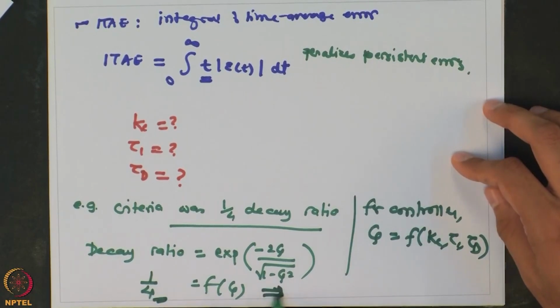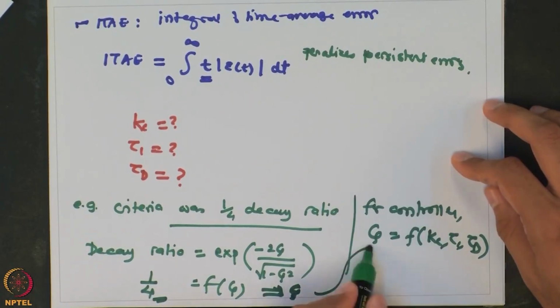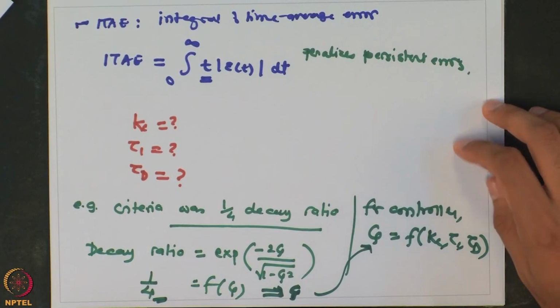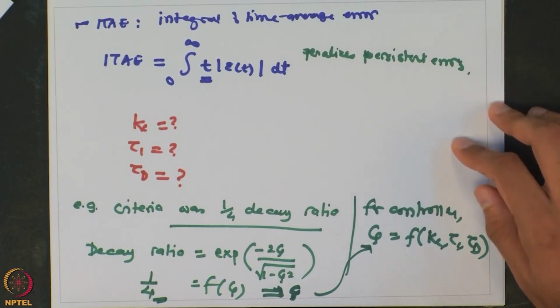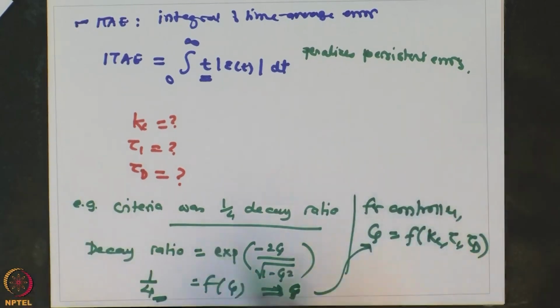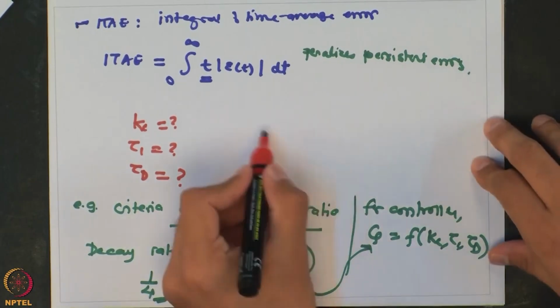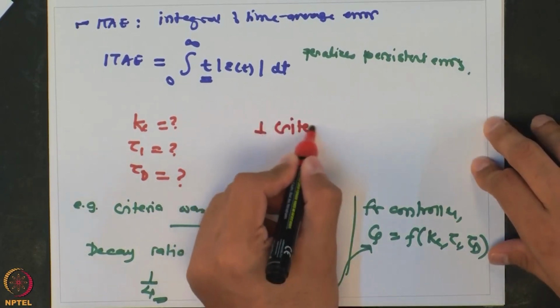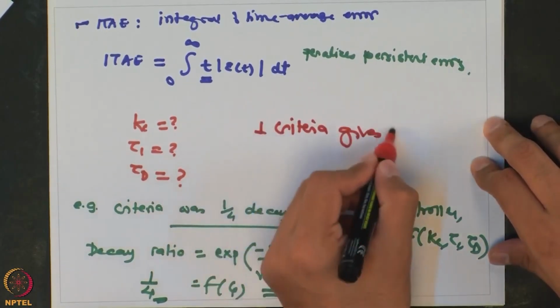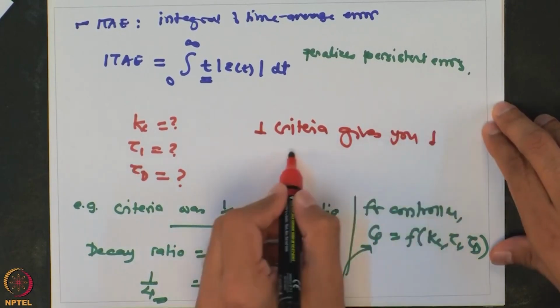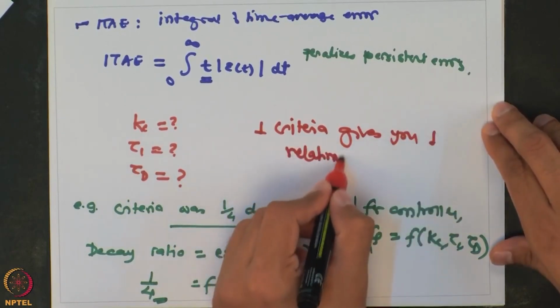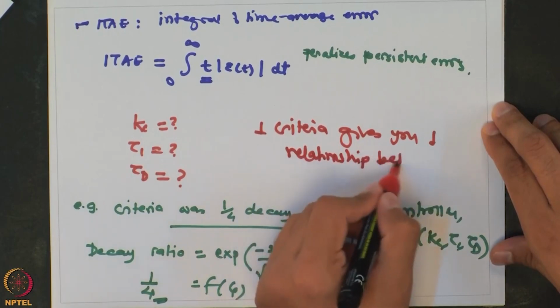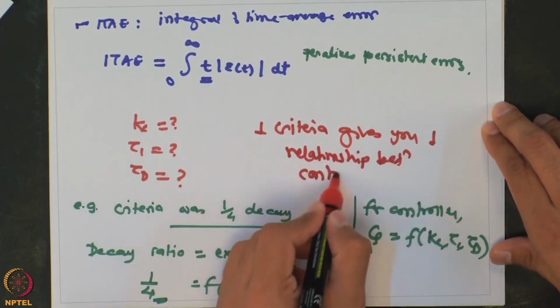So once you get this damping coefficient, you can put it here, and then you will get one relationship between the controller parameters. So every criteria will give you one relationship. So one criteria gives you one relationship between controller parameters.